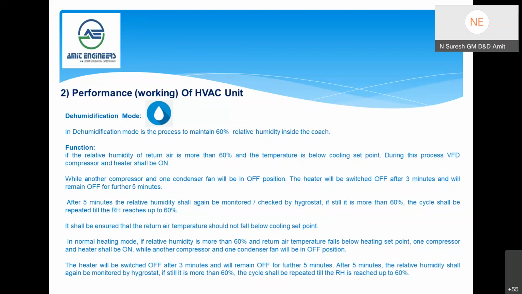Practically, this has been proven for many years, and we can see it in the coming trains also. This logic has been implemented based on feedback from previous train experience.